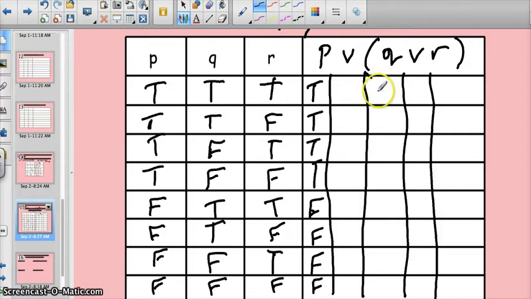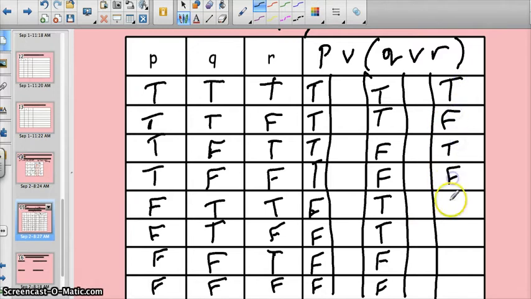Continuing on, Q. Well, Q was true, true, and then we alternated with false, false. Then we went true, true. Then we went false, false. Easy stuff. The R went true, false, true, false, true, false, true, false.